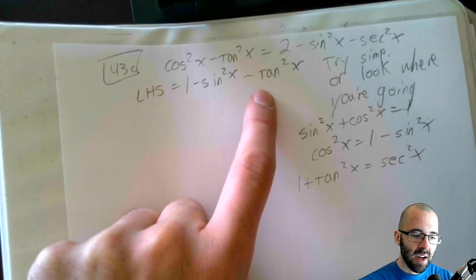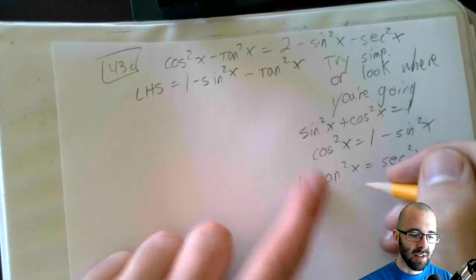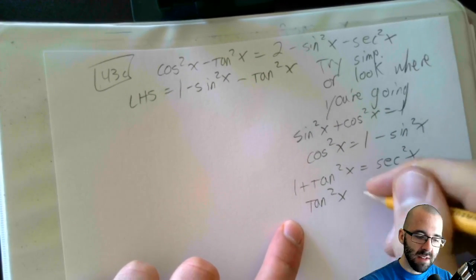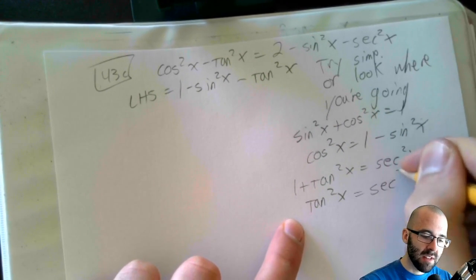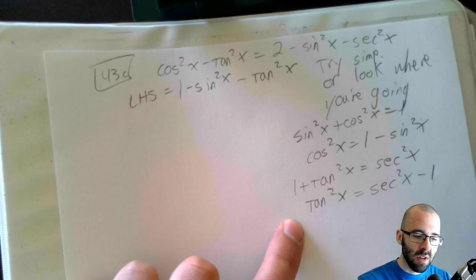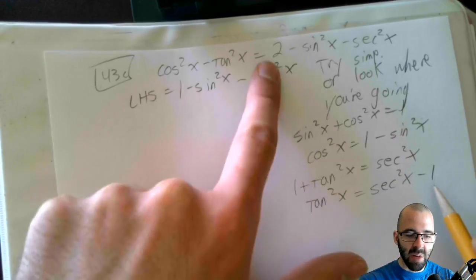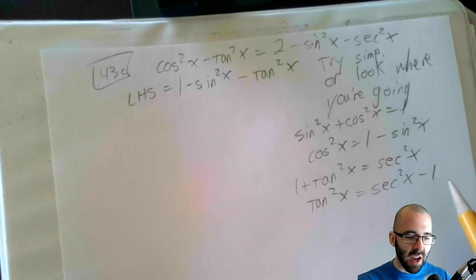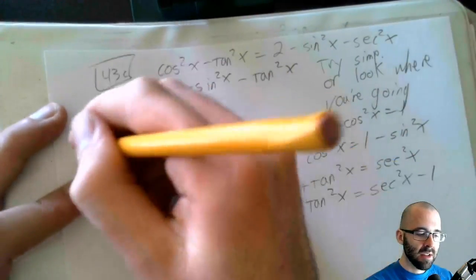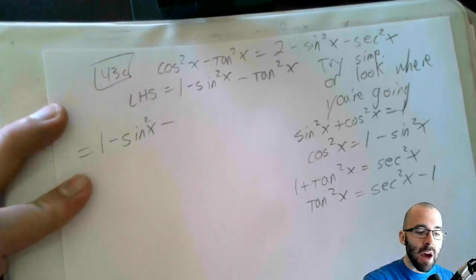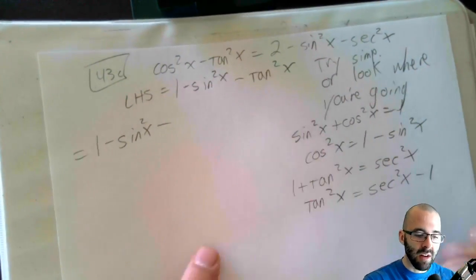Well, I want to know what tangent squared is equal to. So subtract a 1 from both sides. Tangent squared of x is equal to secant squared of x minus 1. And I get a little nervous here to see a minus 1, but I want a plus 1, but it's okay. Because what do we have on the left-hand side? We have 1 minus sine squared of x minus tangent squared.